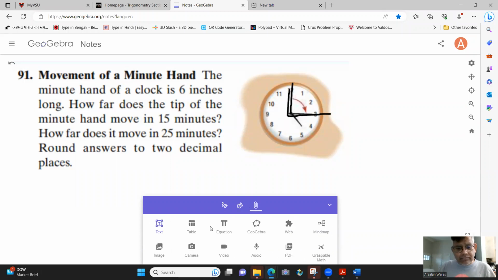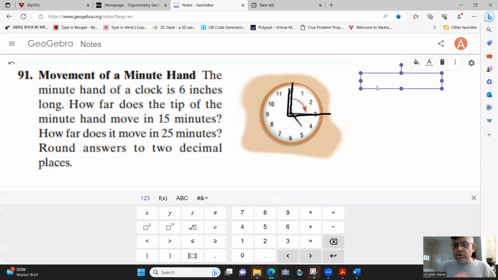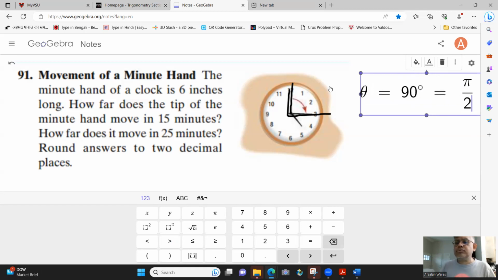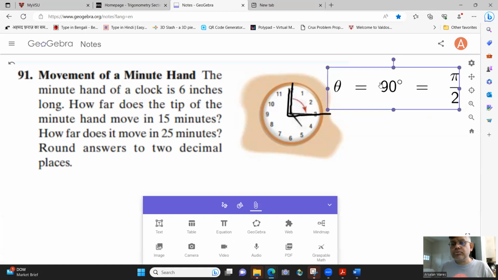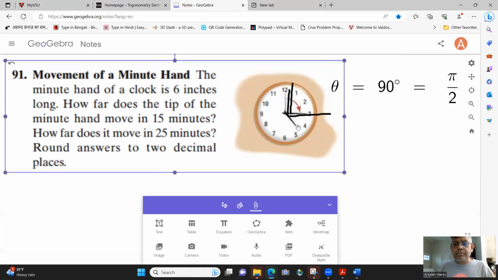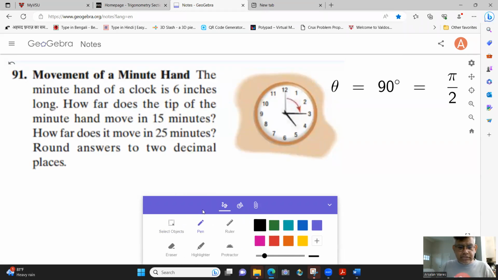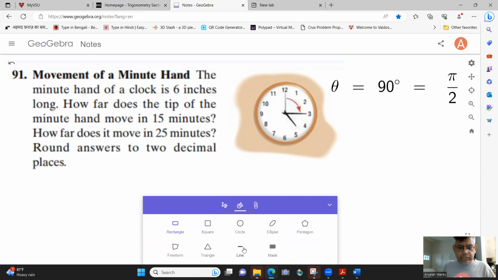Using the technique that I have used, you can always show that theta is 90 degrees, no question about that. That's going to also turn out to be pi over 2. I'm doing part A where the angle is 90 degrees and the time is 15 minutes.